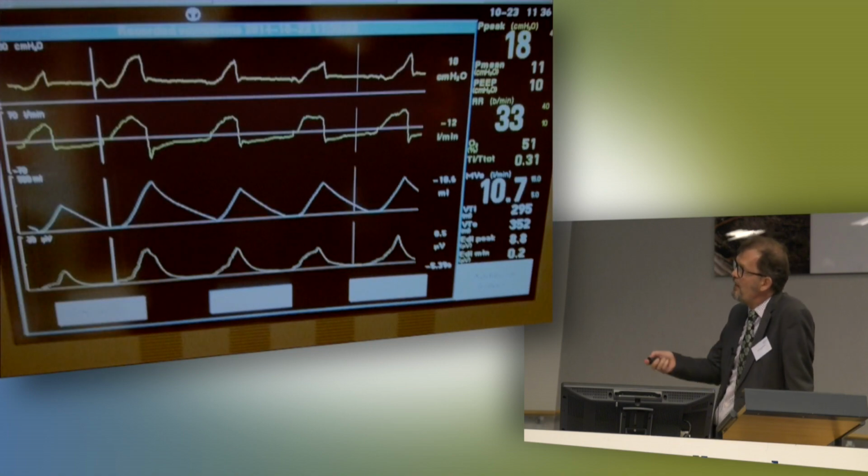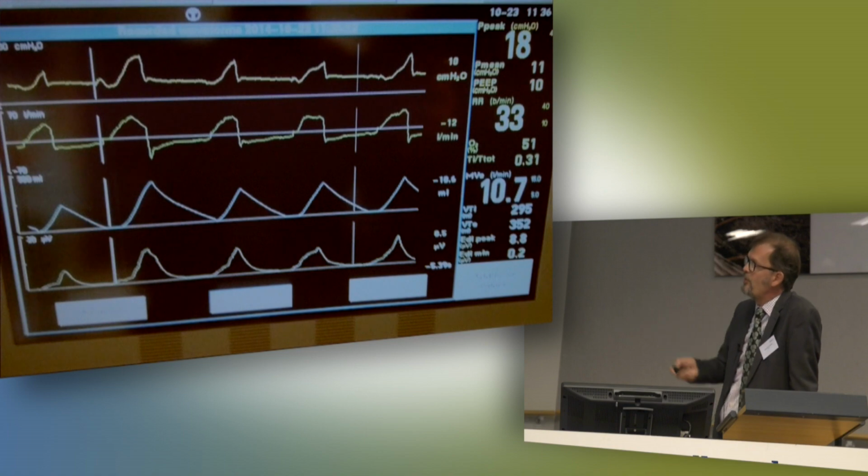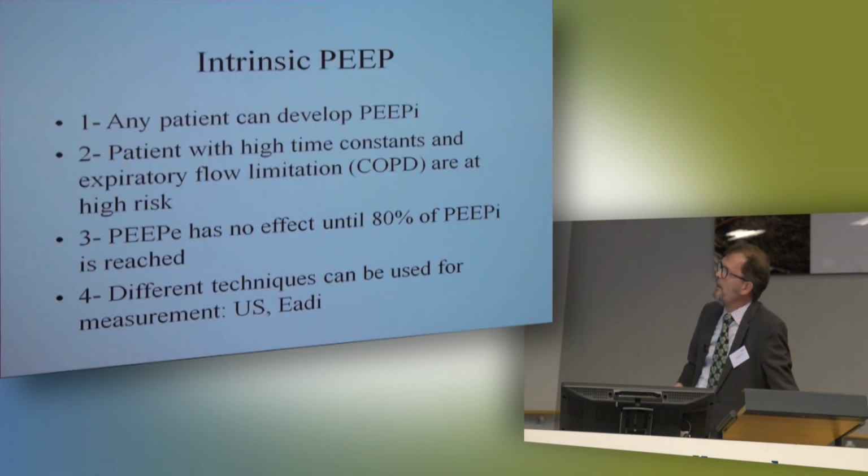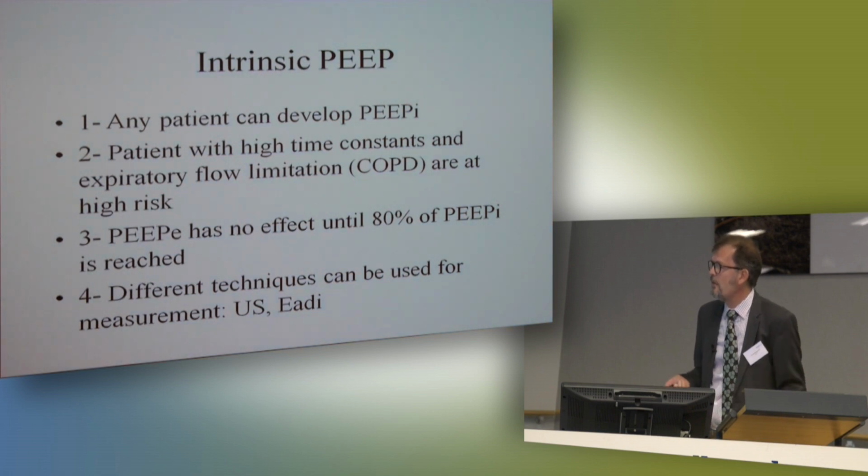If you use NAVA, you immediately start at the same time as the EDI activity, and you have the same funny shape that I showed you from Bellani's paper. So different techniques can be used, and ultrasound and EDI seem very attractive on top of the esophageal catheter.